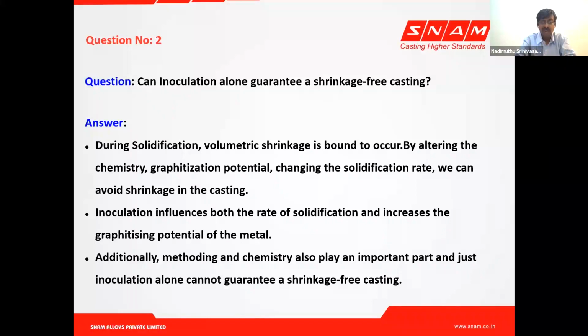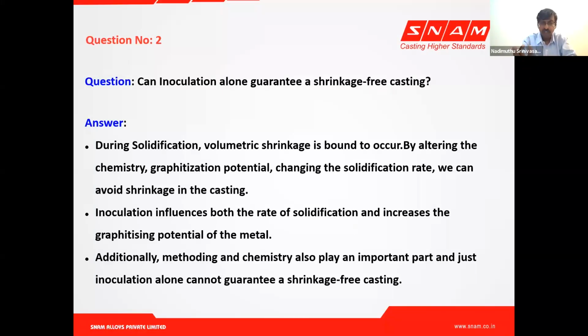So how does that happen? By inoculation, which influences the rate of solidification by reducing the undercooling, and increases the graphitization potential by improving nucleation sites. With a lot of areas where graphite is going to expand, the volumetric shrinkage that is distributed throughout is compensated by the graphite expansion and provides a shrinkage-free casting.